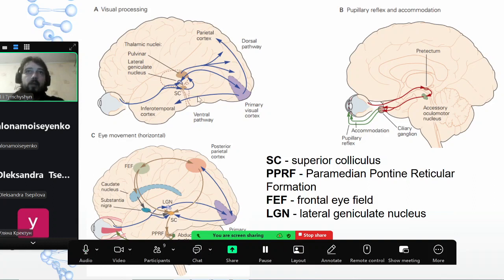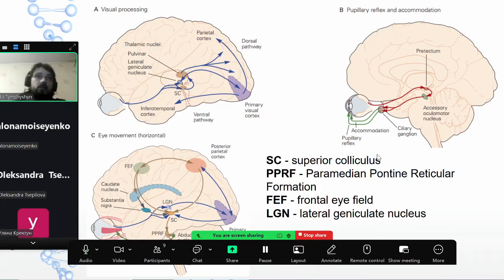Here you see a pathway for the pupillary reflex and accommodation. You know that our pupils change their size depending on how lit the room is, that is, on the lighting conditions. This is an unconscious event, so you cannot control it consciously.